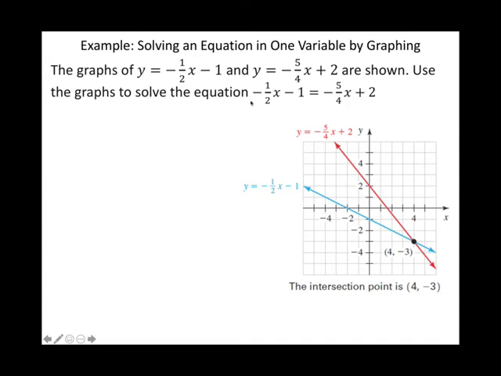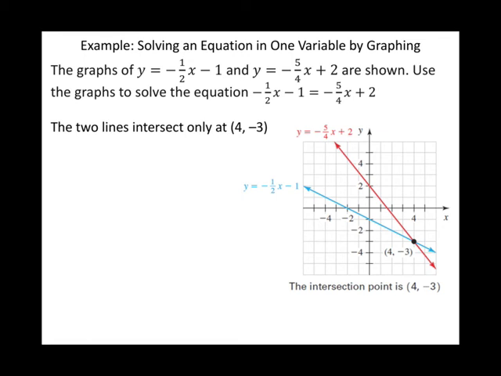Okay, so you could see negative 1/2 x minus 1, which is going to be the blue one here, equal to negative 5 over 4 x plus 2, which is going to be the red one here. So since this is equal to each other here, I want you guys to find out the intersection. What is the intersection for these two equations? That will be 4 and negative 3, right?